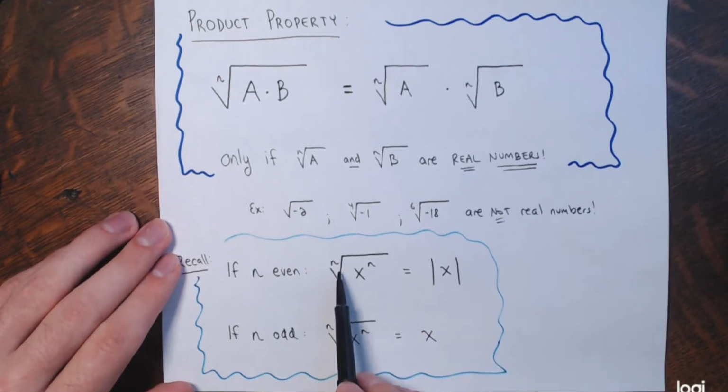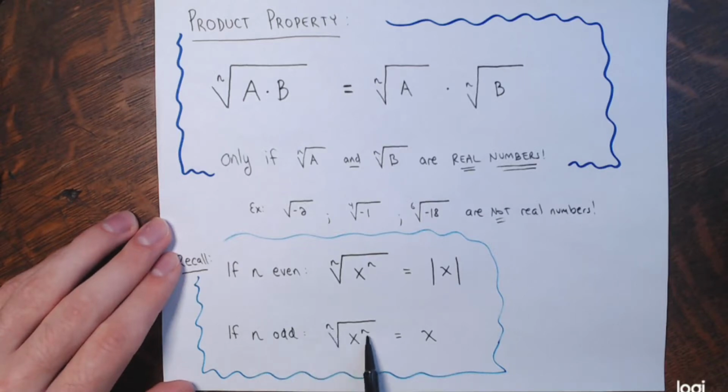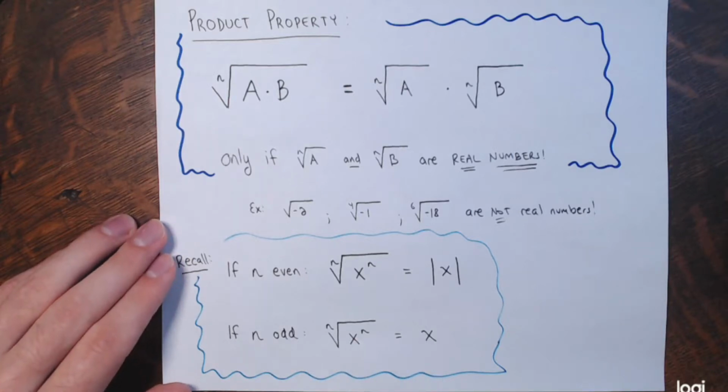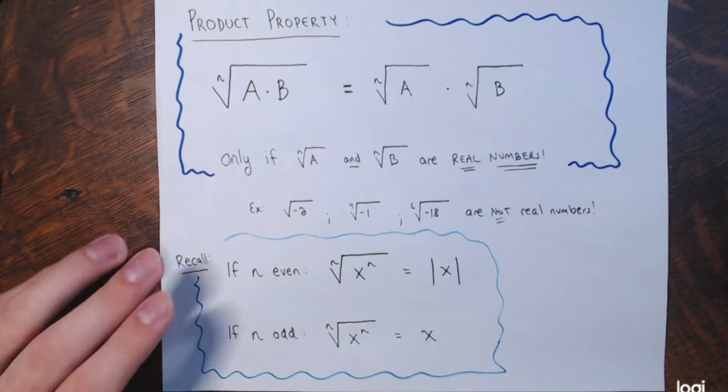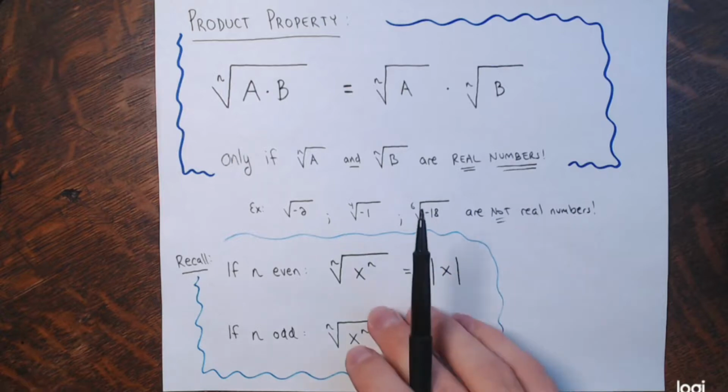So the nth root of an nth power when n is even is the absolute value of the base. Odd roots are fine. Odd root of an odd power, you're just left with the base itself. It can be positive or negative. But the even root has to be non-negative. So absolute values may be necessary, and keep that in mind.